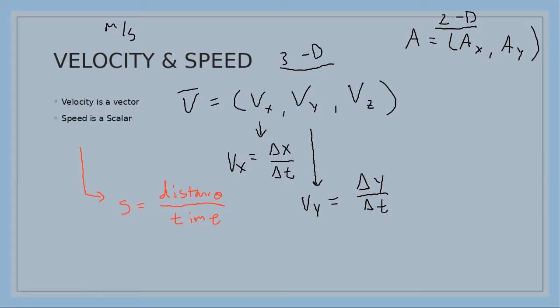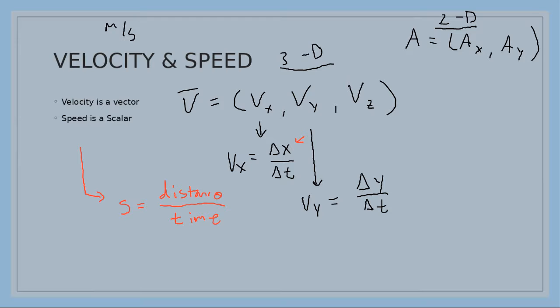So speed, which is a scalar, is going to be your distance divided by the time. So not the displacement, but the overall distance divided by the time. All right, now let me do a quick example of this with some numbers.